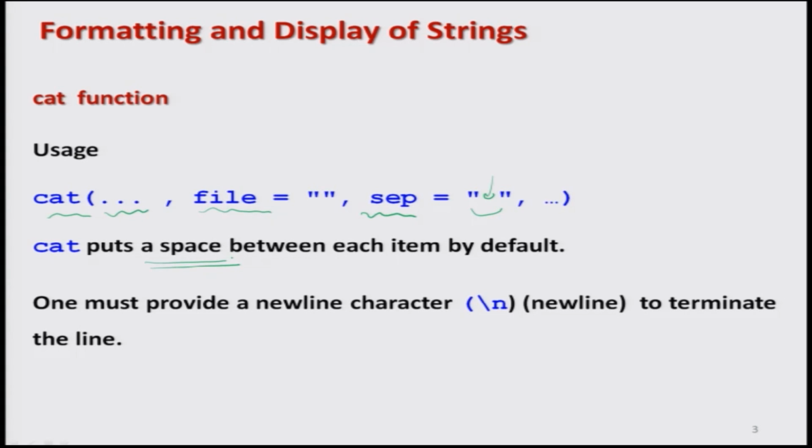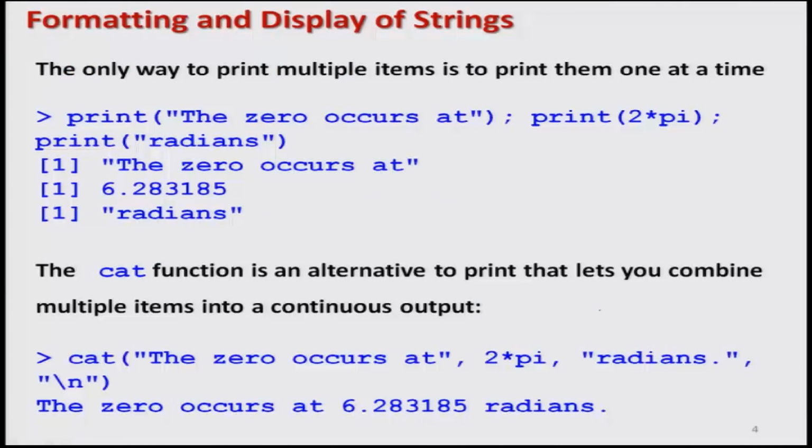And after one output, if you want to change the line, then for that we have a new line character which is given as \n, and with this new line command the output is terminated at that particular point and the next output is printed on the next line. We will try to see these things with some more examples.